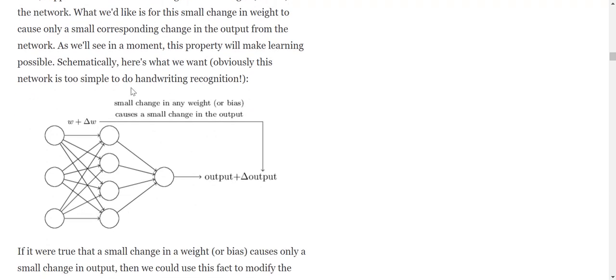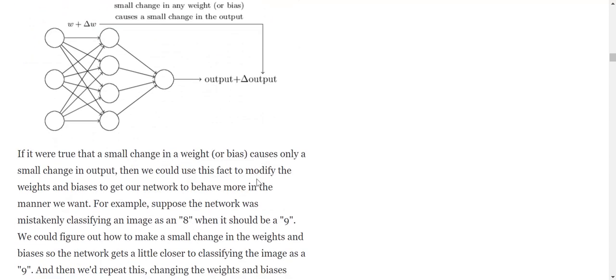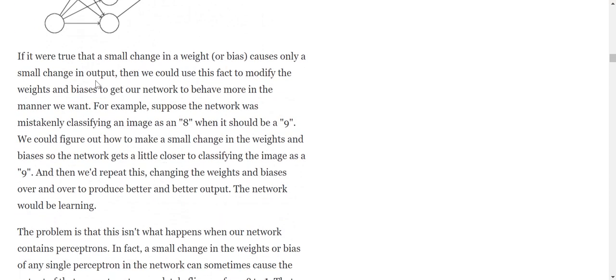Schematically, here's what we want to do. Obviously, this network is too simple to do handwriting recognition. A small change in any weight or bias causes a small change in output. So if we change the weight by delta W, we're expecting the output to change by delta output. If it were true that a small change causes a small change in output, then we could use this fact to modify the weight and bias to get our network to behave more in the manner we want.